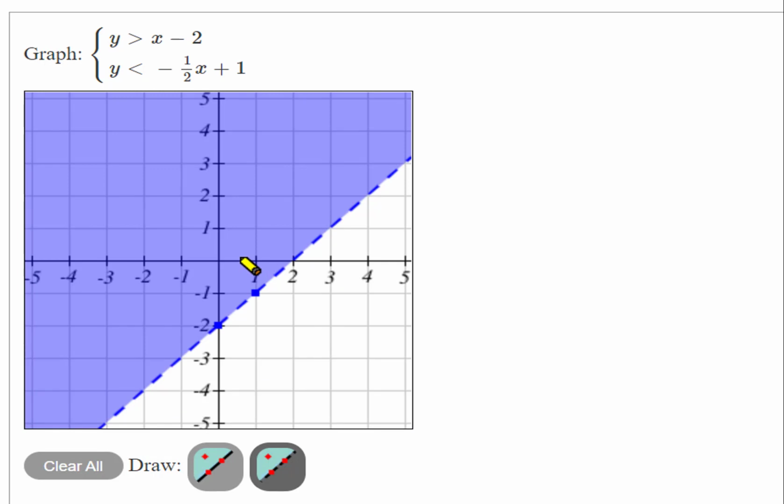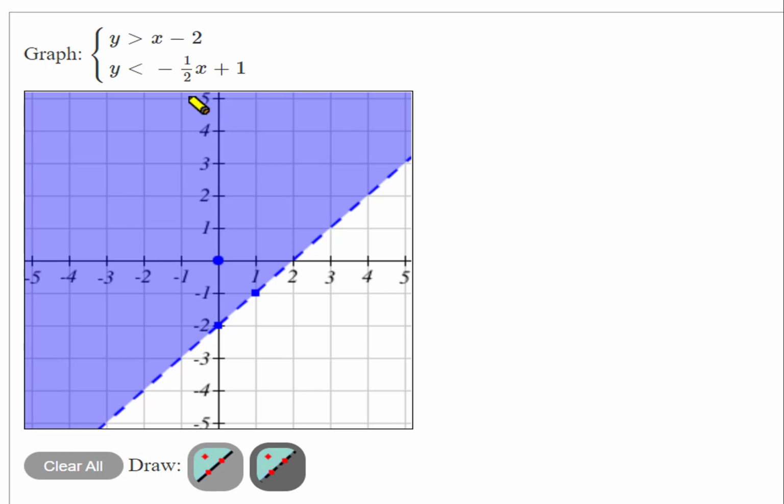And that's where you just have to do the same sort of test to decide which way it's going to go. So if you choose the origin and plug it into this equation, you would get 0 is greater than negative 2. Since that's a true statement, just click there, and now that will stay shaded, and you've finished graphing that line.